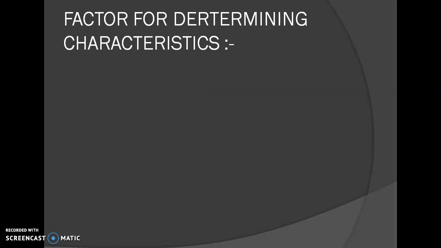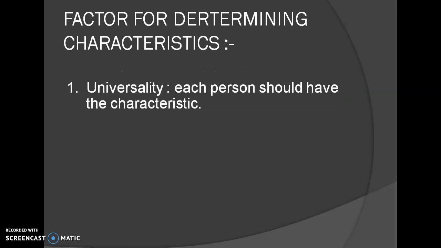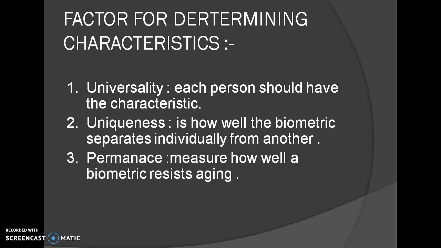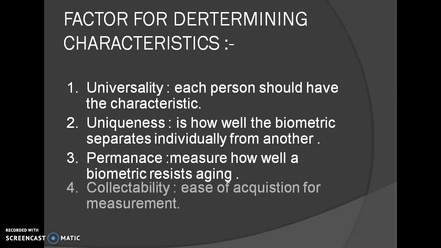Now we see the factors for determining characteristics. Universality. In universality, each person should have their own characteristics. Uniqueness. Uniqueness is how well the biometric separates one individual from another. Third one is performance. Performance measures how well a biometric registers.